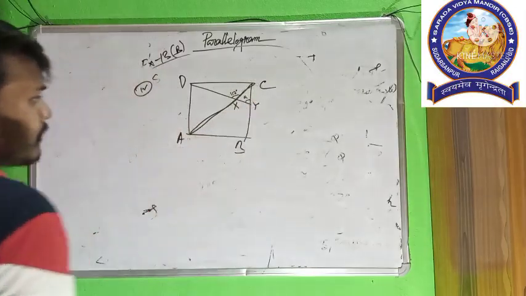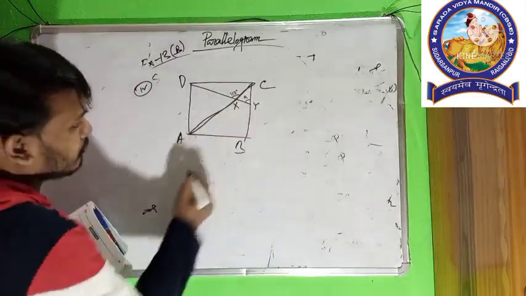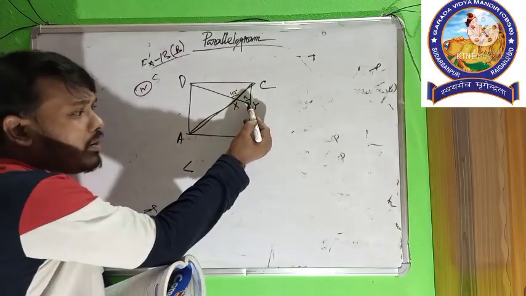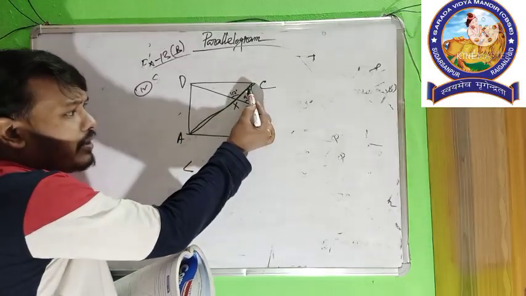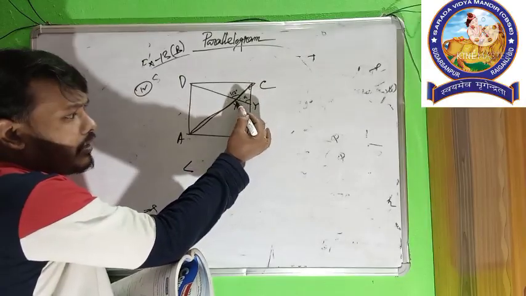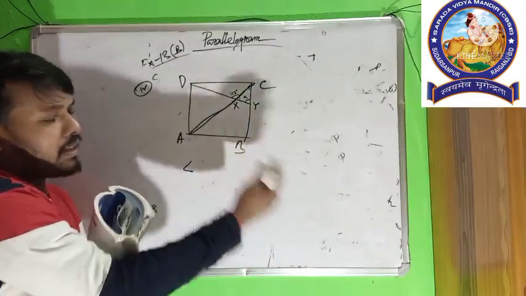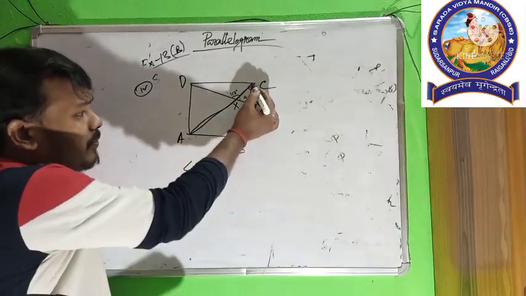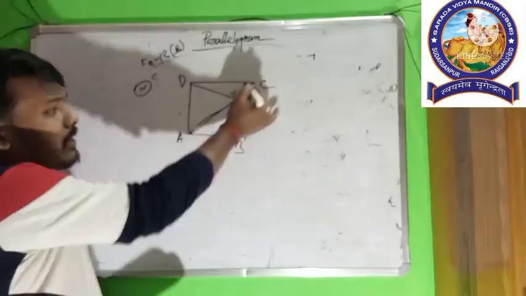Very easy. We need to find the value of a. If we know this value and this value, then we can find a by using the angle sum property of a triangle. We know that the diagonal bisects each angle.